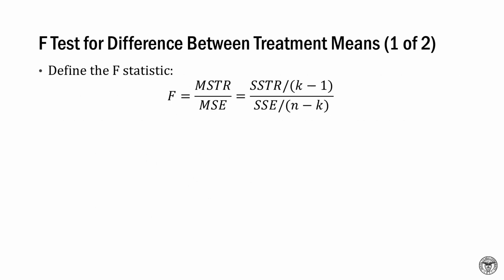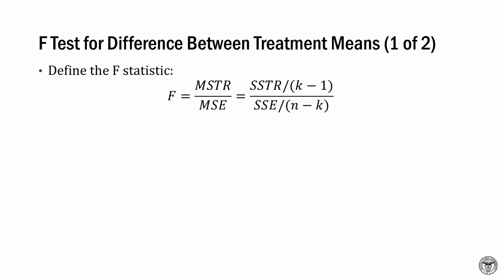The F-test in ANOVA is used to determine if there's a significant difference between the means of 3 or more treatments. It compares the variation between the means of the treatment, also known as the treatment effect, to the variation within the groups, also known as the error effect.